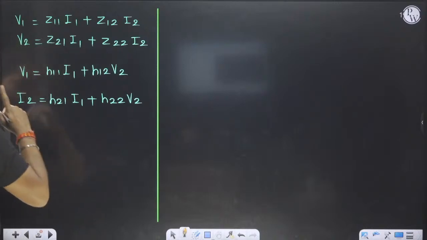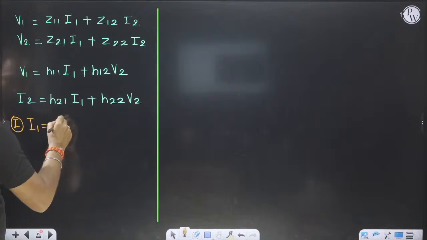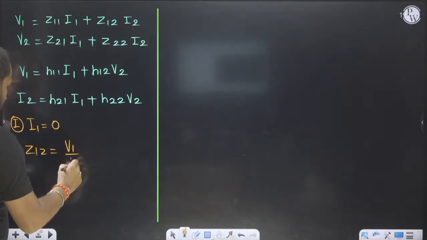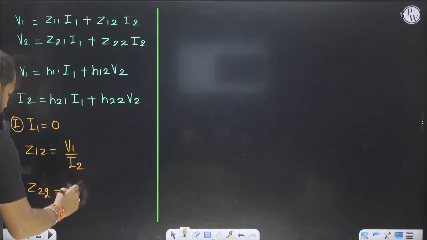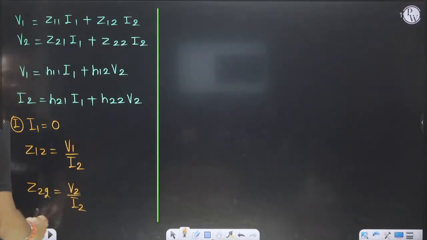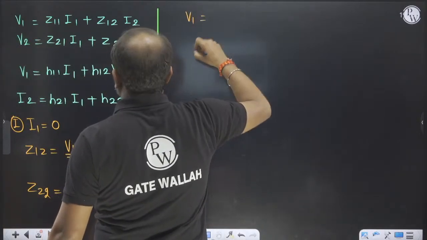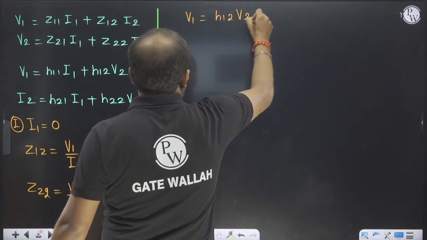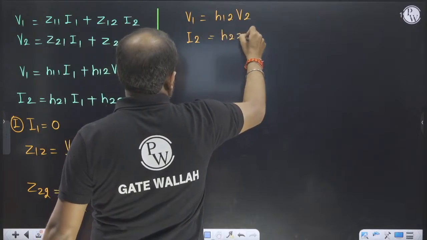If I1 is equal to 0, it will be Z12 equal to V1 upon I2 and Z22 equal to V2 upon I2. Yes sir, I will make I1 equal to 0. I1 equal to 0 means V1 is H12 V2, and the second one is I2 equal to H22 V2.